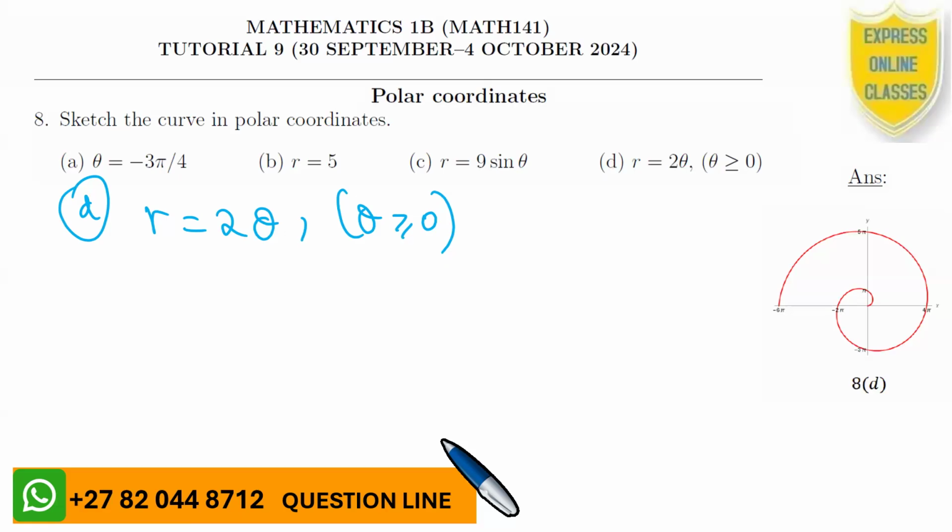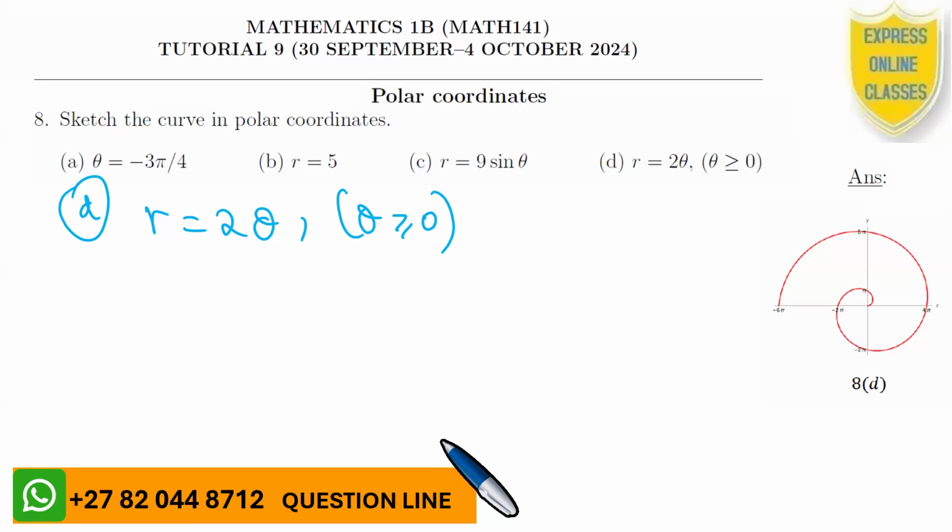So now, there are a couple of things we need to think about in this case. The question becomes, how do we sketch this particular equation? It shows a curve as drawn there.